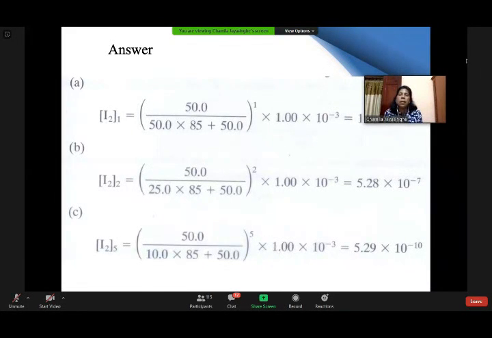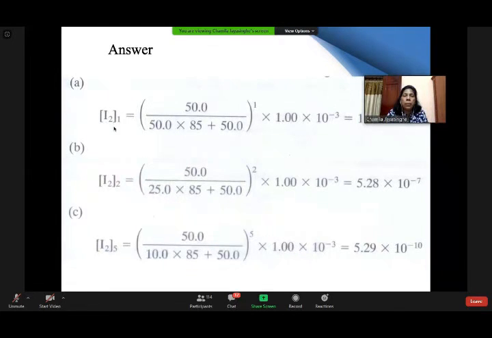Get this right into your head. So what you have to do is apply these values to the equation. But what I want to tell you is that you can see the answer is showing what is the amount remaining in the aqueous solution.